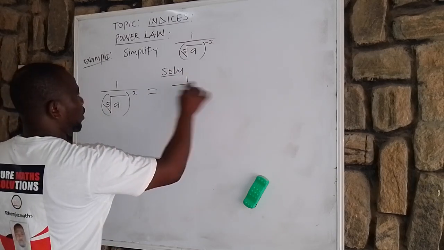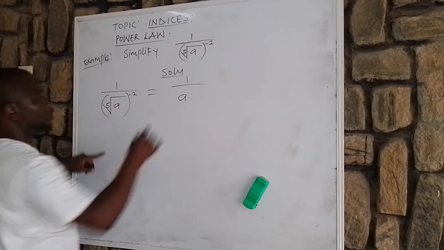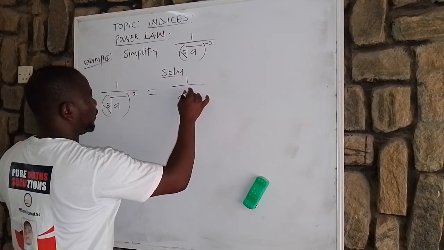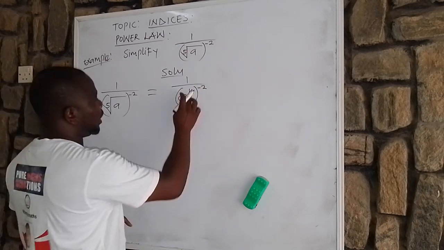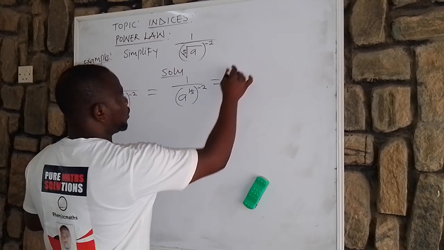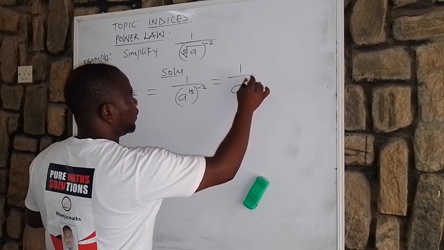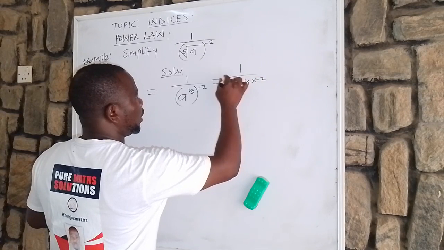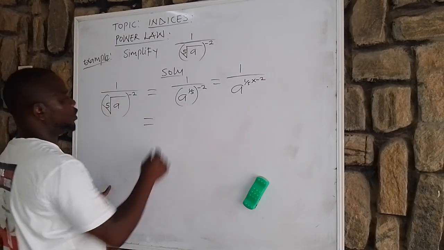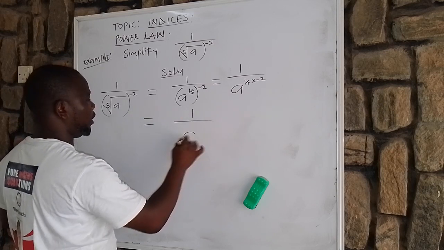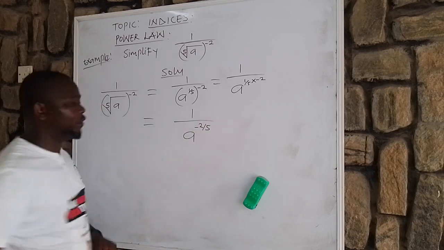So this is 1 all over a raised to the power of 1 all over 5, close bracket, raised to the power of minus 2. Then we now apply power law. This is the same thing as 1 all over a raised to the power of 1 all over 5 times minus 2. Okay. So now this answer will be equals to 1 all over a raised to the power of minus 2 all over 5. True or false?